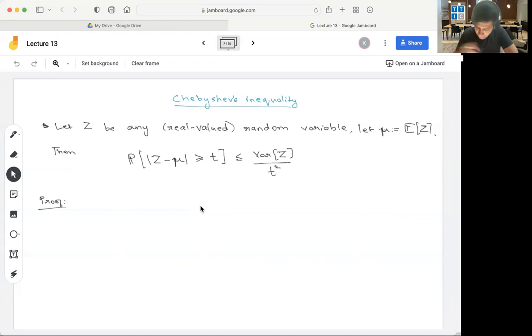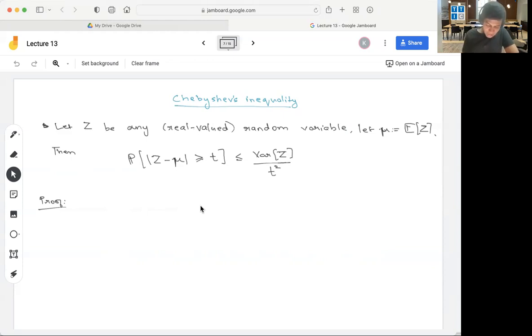Let's say we use mu to denote its expectation. Mu is just some number. We are calling the expectation of z as mu just to write a slightly cleaner expression.